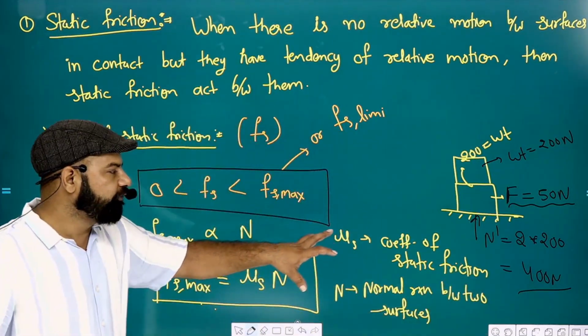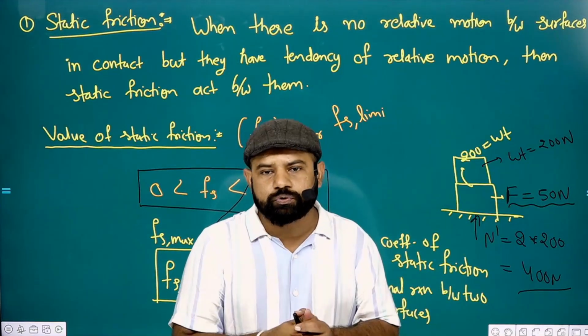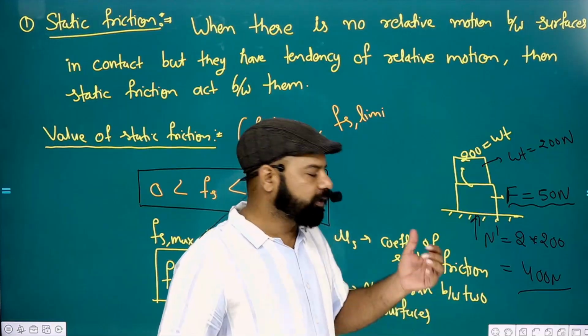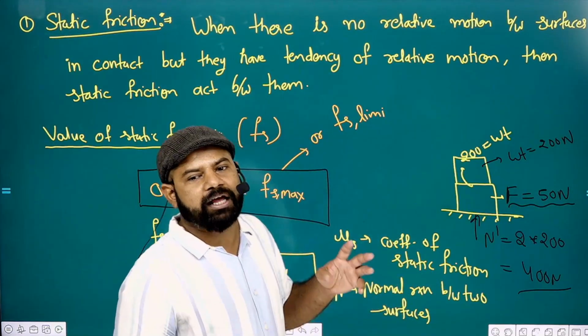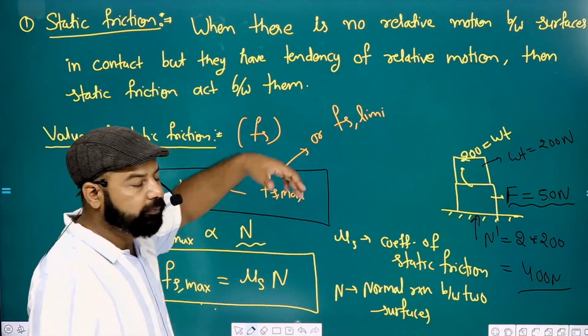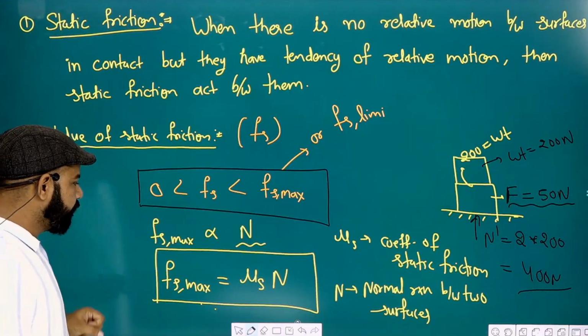And this coefficient of friction is basically representing the interlocking between those two surfaces. So if there is higher interlocking, we can say the value of mu s will be higher, or we can say there will be higher irregularities and that surface will be rougher as compared to a surface with a lower value of mu s, right?